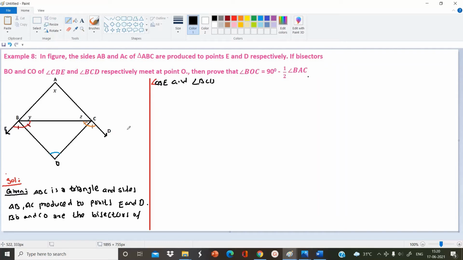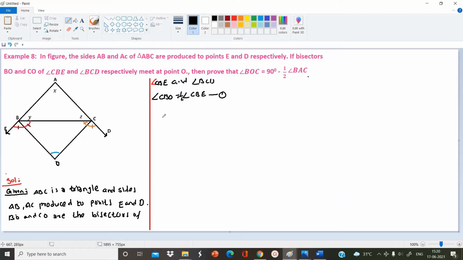So we can write here angle CBO equals half of angle CBE. This is equation 1.